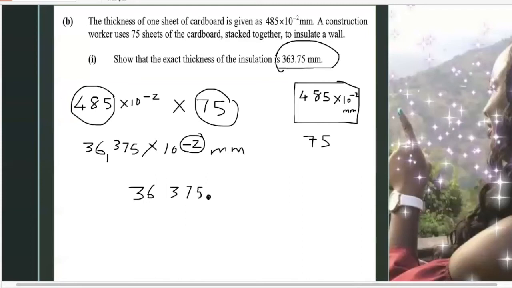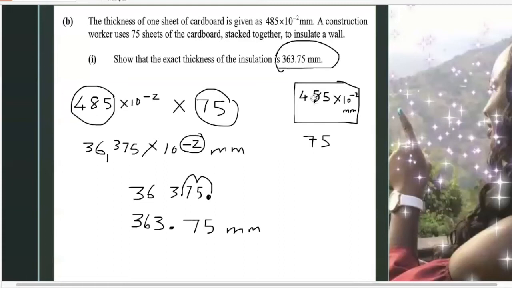I'll put a decimal point here and it's telling me I should move my decimal point 2 places to the left. So I move it 1, 2. So therefore I have 363.75 millimeters. And that's it.